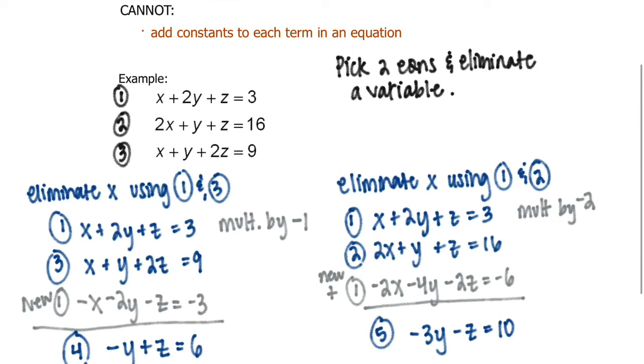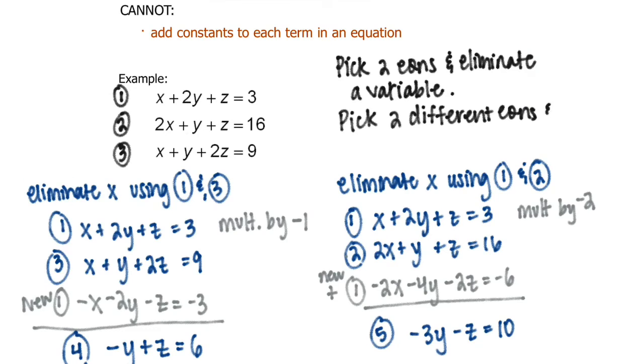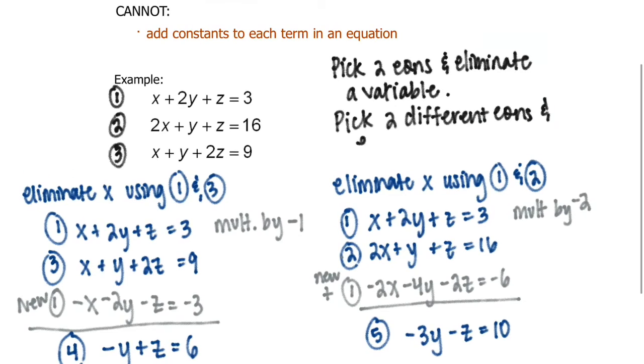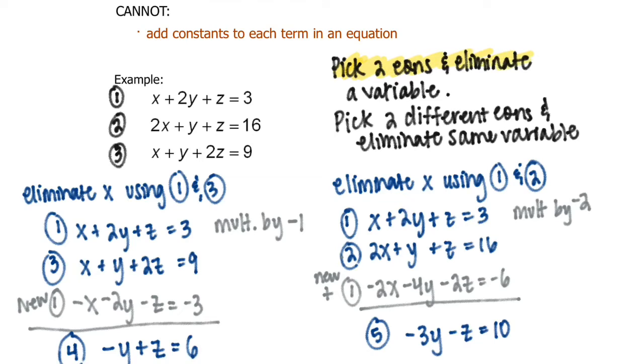So we pick two equations and eliminate a variable. Pick two different equations and eliminate the same variable. So I'm going to color code this for you so that you can see, because it's a really simple process.